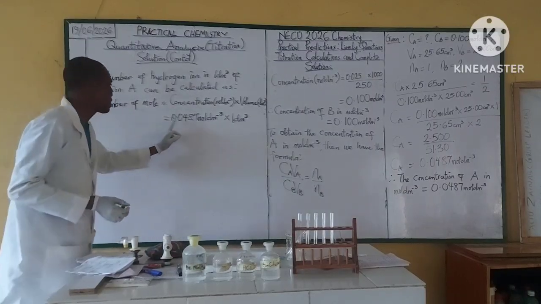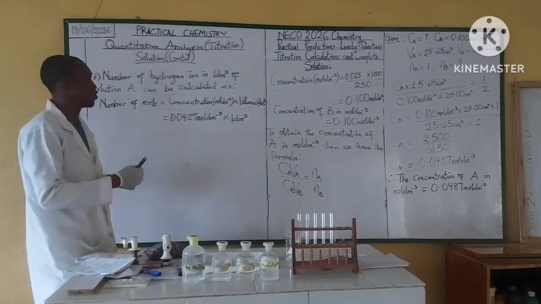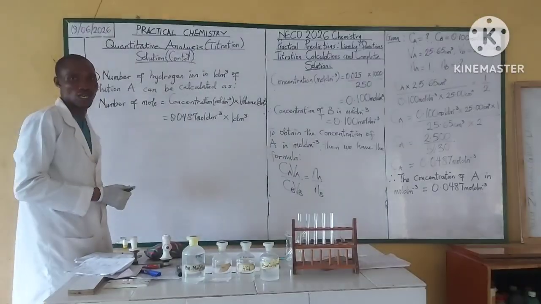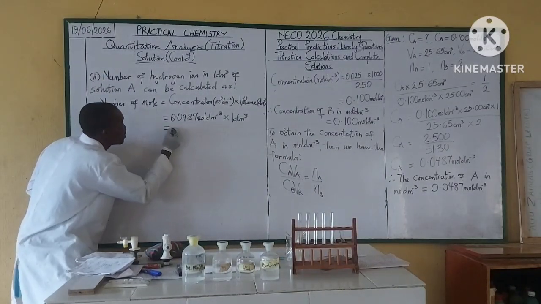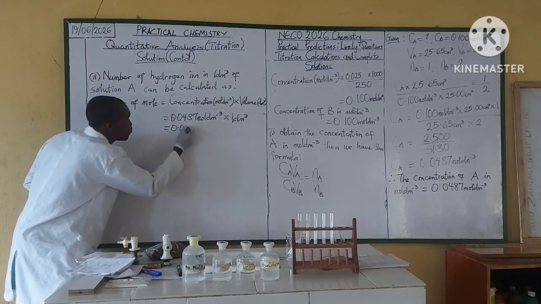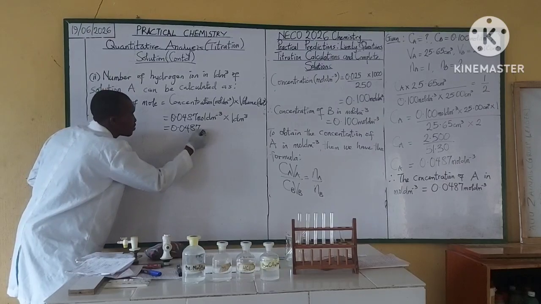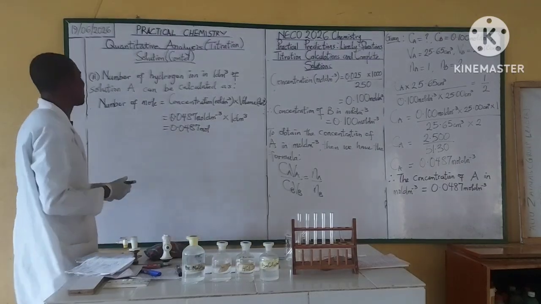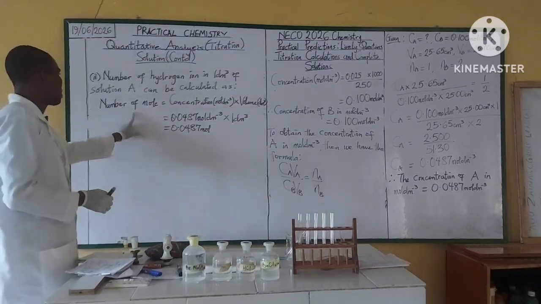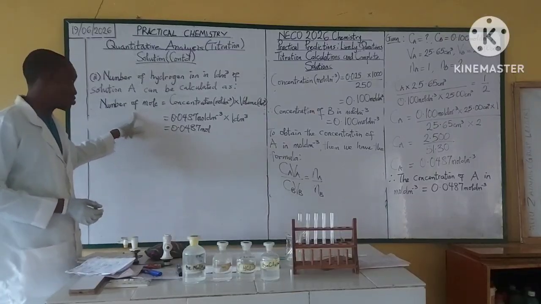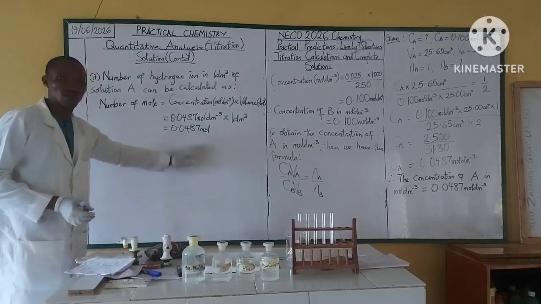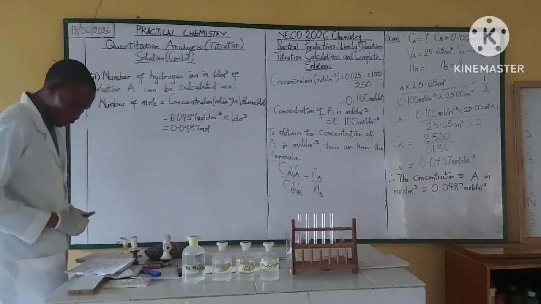Then we have mole as the only unit that's going to remain at the end of the day. 0.0487 multiplied by 1 is going to give us 0.0487. That gives us the number of mole that we need to consider.